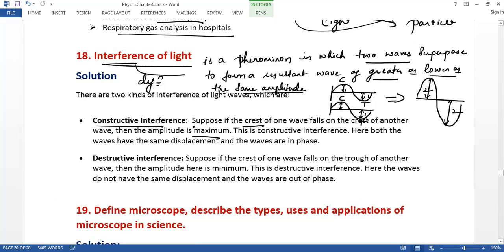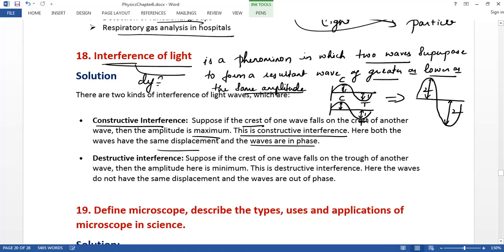When the crest of one wave falls on the crest of another wave, the amplitude will be maximum. Here both waves have the same displacement and the waves are in phase. The waves should be in phase.